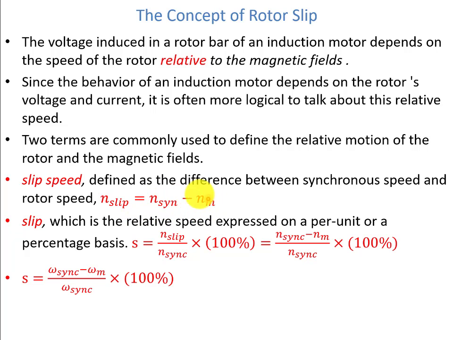It will try to catch up to reach the speed of these magnetic fields, but it can never reach that speed. So that's why we have this slip phenomenon, which is only present in the induction motor.